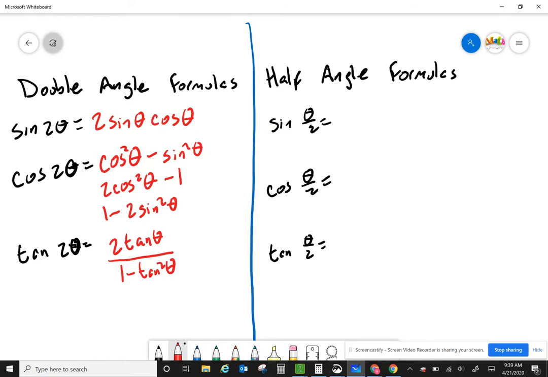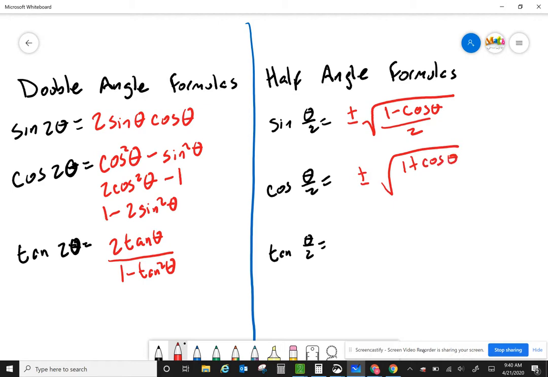My formulas for this case are going to be, for sine of theta over 2, plus or minus, depending on the context, the square root of (1 minus cosine of theta) over 2. For the half angle of cosine, I'm going to use plus or minus, depending on the context, the square root of (1 plus cosine of theta) over 2. And for the half angle of tangent, I'm going to use plus or minus the square root of (1 minus cosine of theta) over (1 plus cosine of theta).